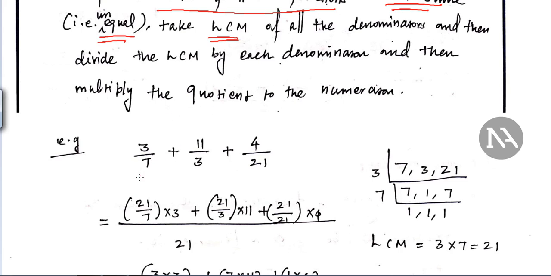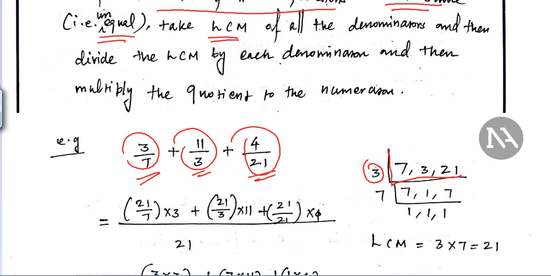Here we are going to add 3 by 7, 11 by 3, 4 by 21. All these fractions have different denominators. If you have unequal denominators, then we have to take all the denominators in this way and find a common number which divides the maximum of the numbers.